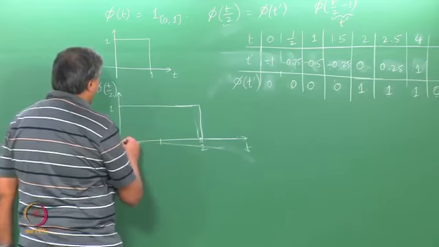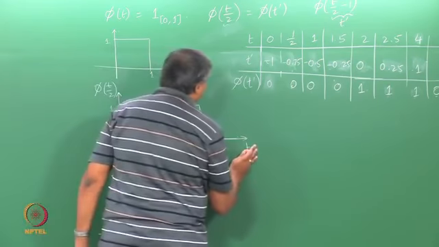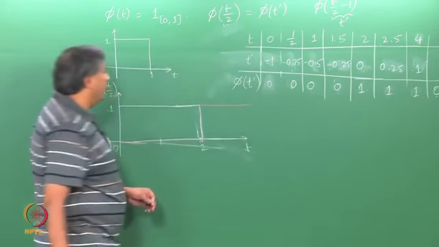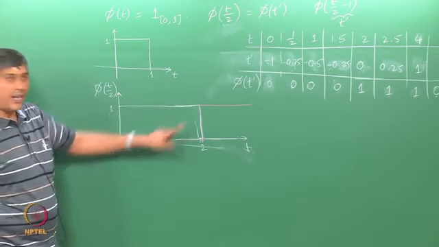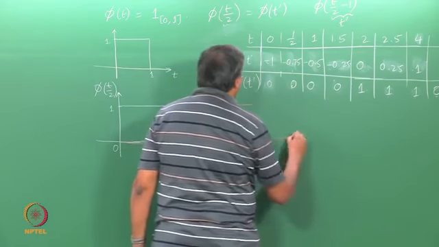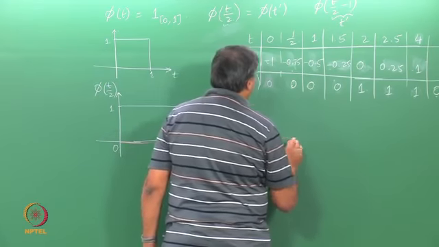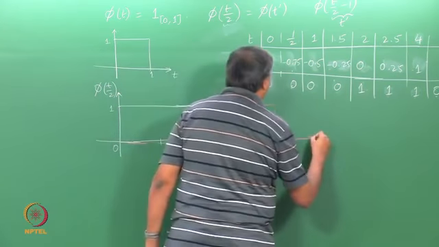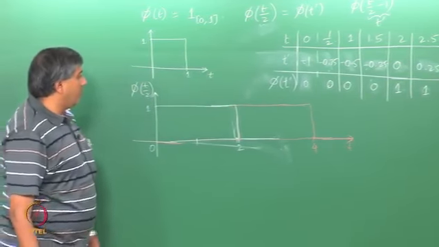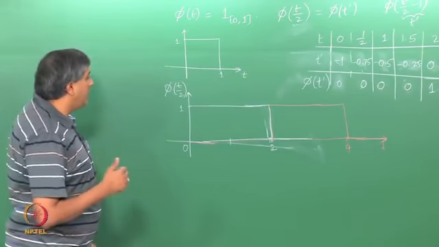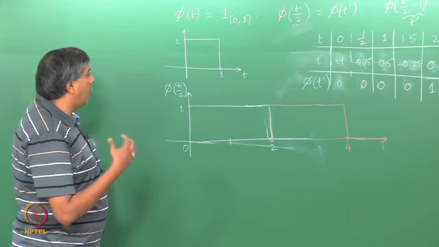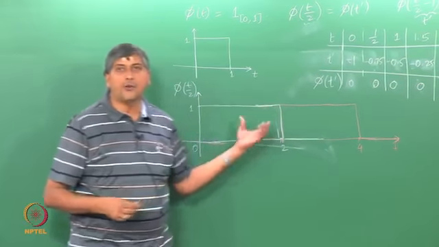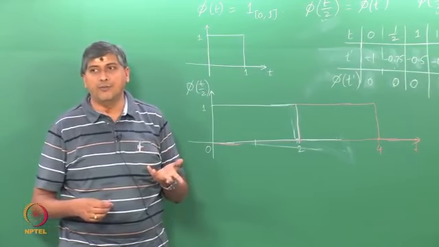So, it is going to remain 0 here and at this point phi of t by 2 minus 1 takes a value of 1 and remains 1 until t takes a value of 4 and then it goes to 0 once again. So, now it is very clear that at any scale the integer translates of the scaling function are non overlapping. In fact, if you take the inner product of these two, it will turn out to be 0, right.